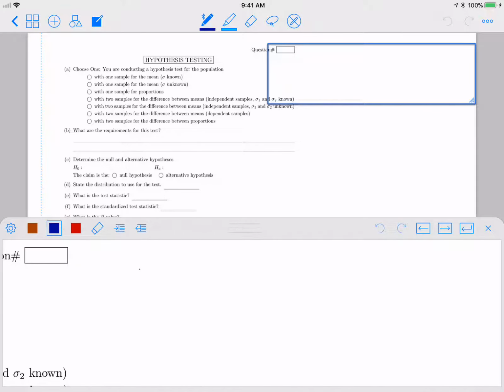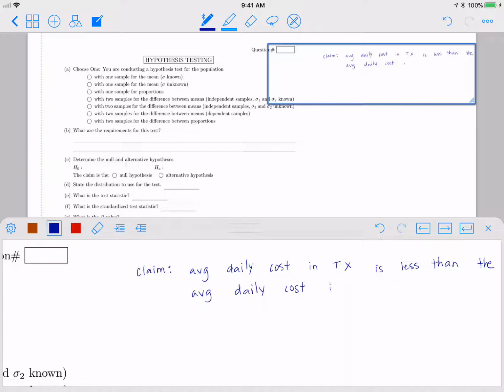Okay, so our claim is that the average daily cost in Texas is less than the average daily cost in Virginia.